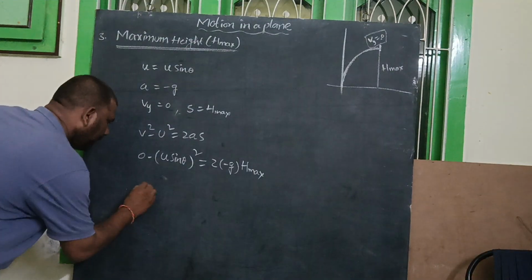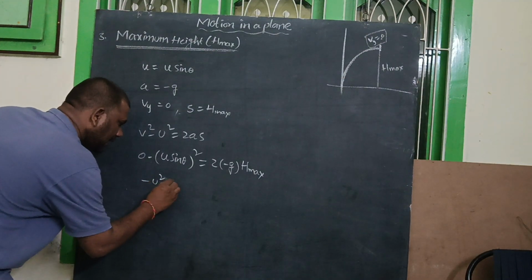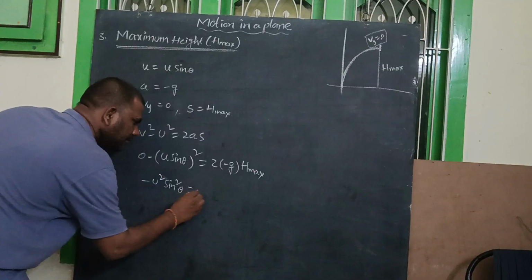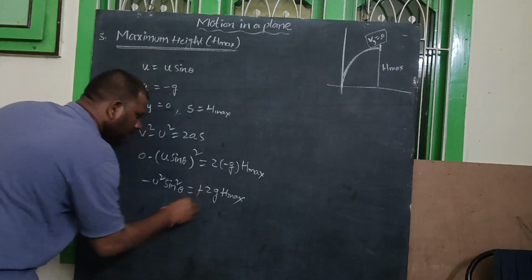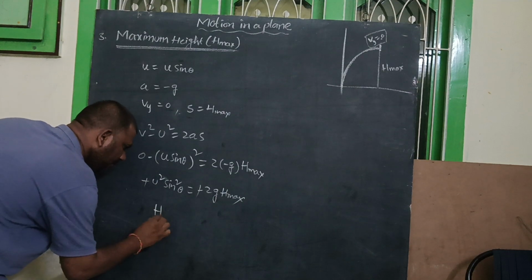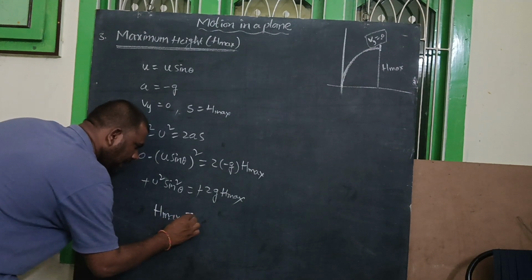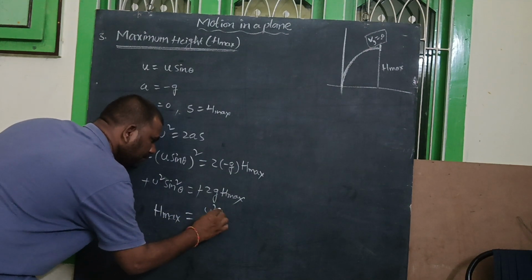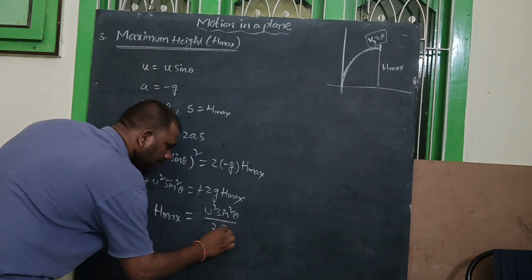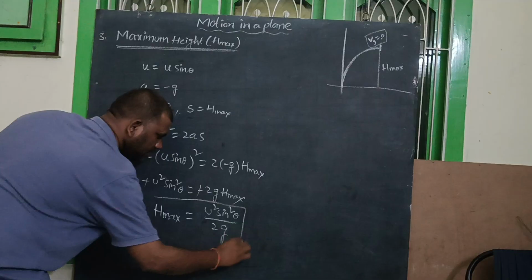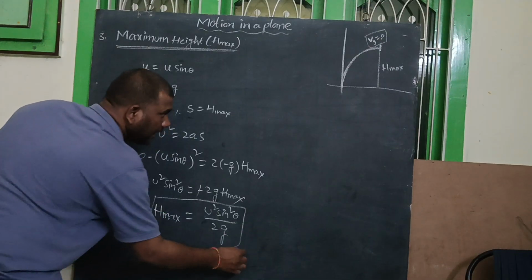So minus u square sin square theta is equal to minus 2g H maximum. Minus minus cancel, so the maximum height is equal to u square sin square theta by 2g. This is the maximum height value.